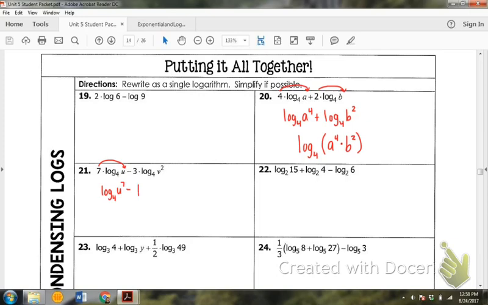Log base 4 of V squared, but there's already an exponent there, right? Okay, so our process tells us it becomes an exponent. So if I know that it's going to become an exponent, I could put the 3 there.